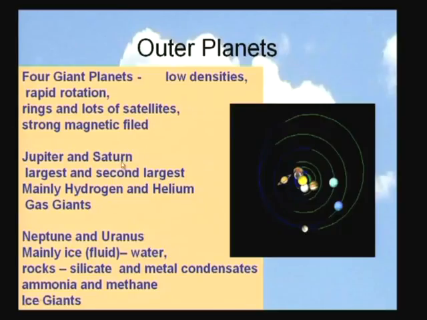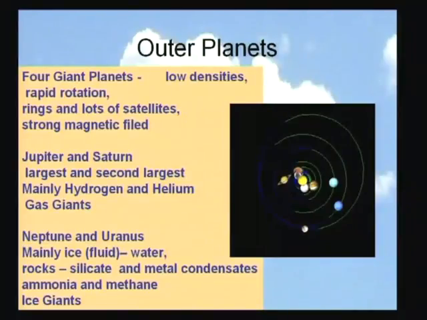Now, the giant planets, if you look at them, Jupiter and Saturn are different from Uranus and Neptune. Jupiter is the largest and Saturn is the second largest planet. These planets are mainly made up of hydrogen and helium. They are largely gaseous, and they have very deep atmospheres.